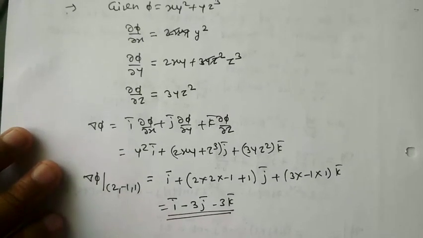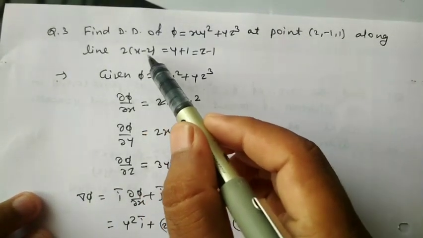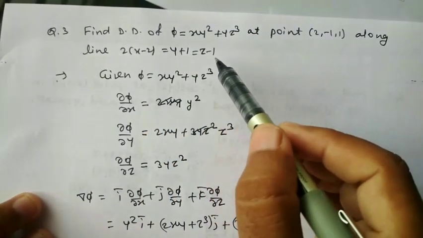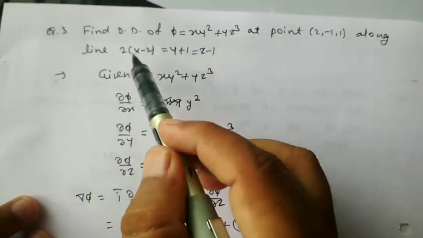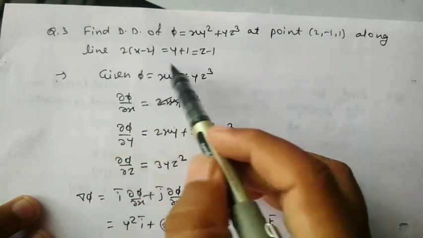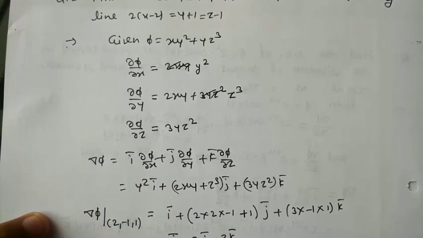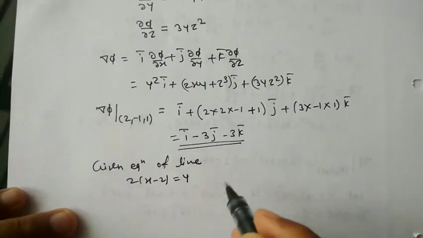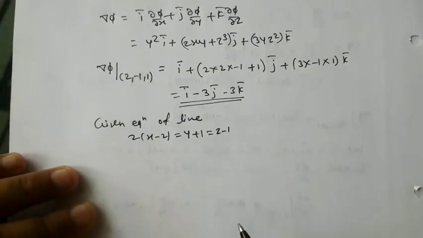Now the direction. We have to find the directional derivative along the line 2 into x minus 2 equals y plus 1 equals z minus 1. So we need the direction of this line. The given equation of line is 2 into x minus 2 equals y plus 1 equals z minus 1.